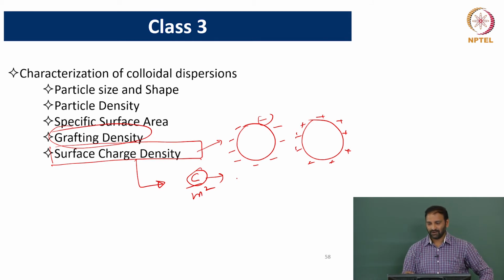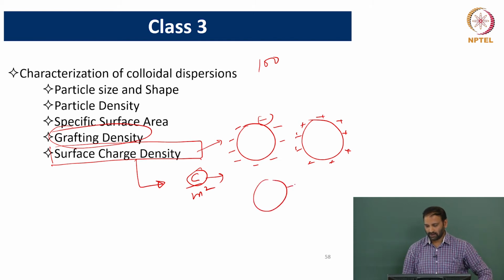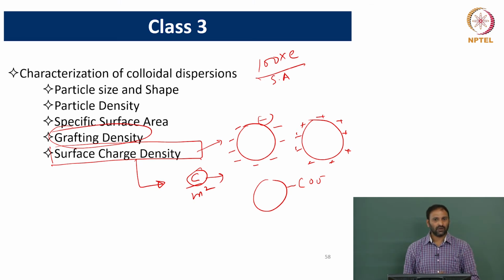Say I have a particle surface where my surface group is COO minus. If you have 100 such groups, then the charge on the particle surface is going to be 100 times the charge of the electron. That's your total charge on the particle surface divided by, again, the surface area of the particle, which will tell you the surface charge density.